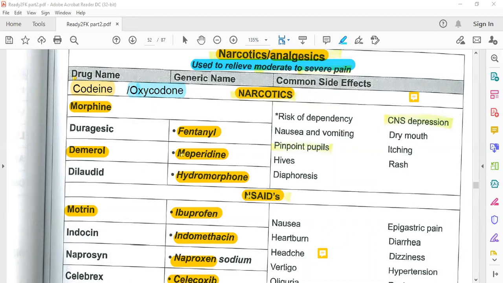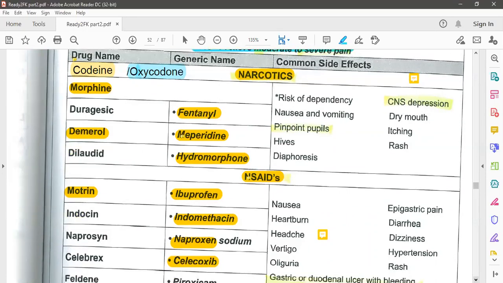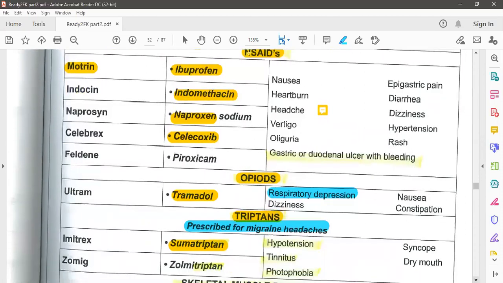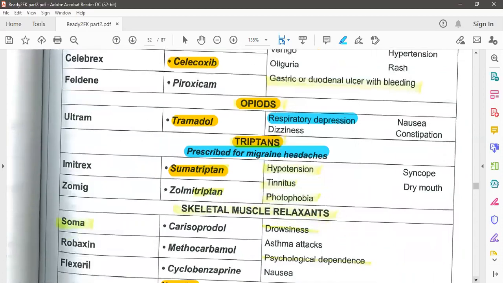So now I'm going to go to another medication included in opioids. Another one, another most common drug we use, is called tramadol.